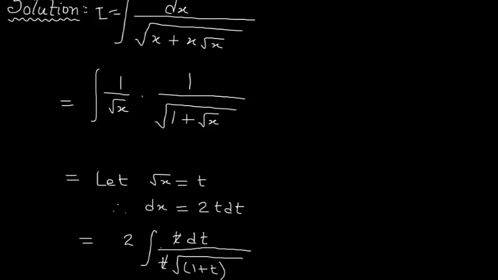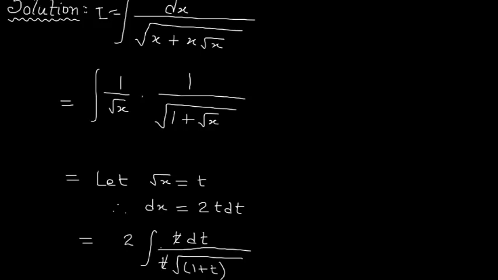What we have done here is taken root x as common out of the denominator. Let root x be equal to t. Differentiating both sides, we get dx equal to 2t dt.